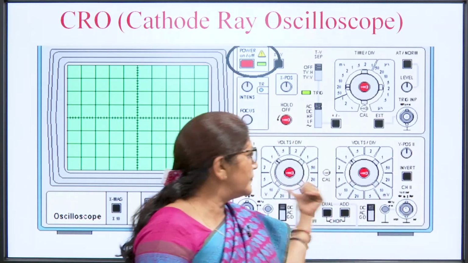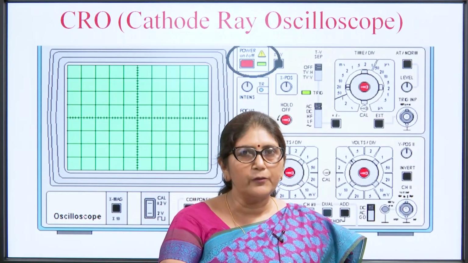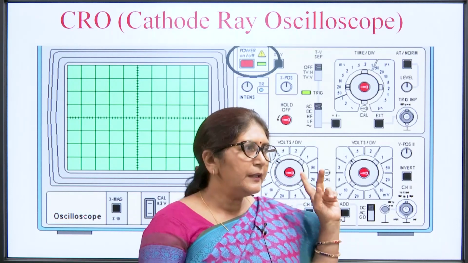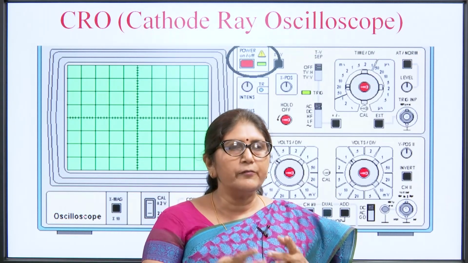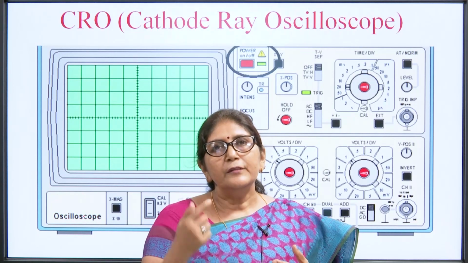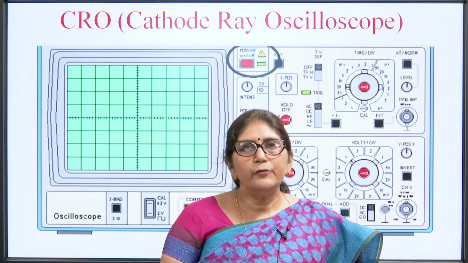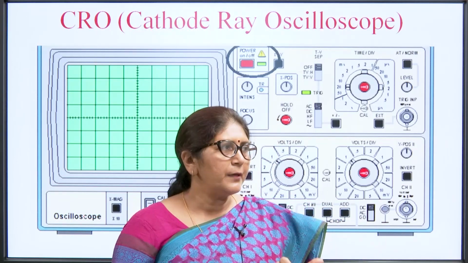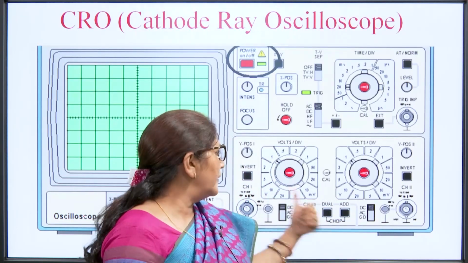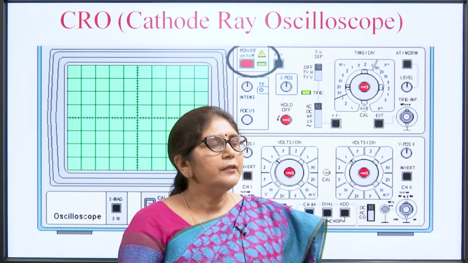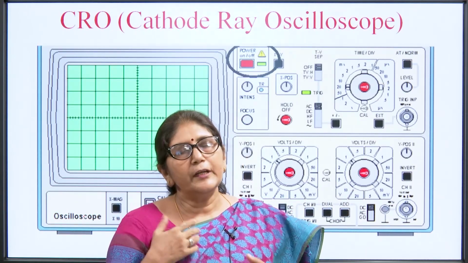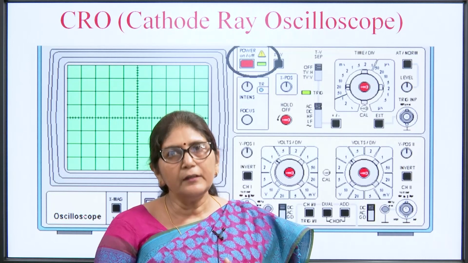This is basically a 2 channel CRO, so we can analyze 2 signals simultaneously. When we want to measure one signal, we can apply it at either channel 1 or channel 2. There are many types of probes that we can use for the measurement of the signal.